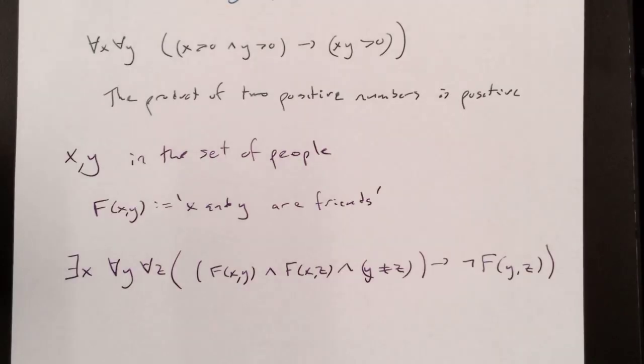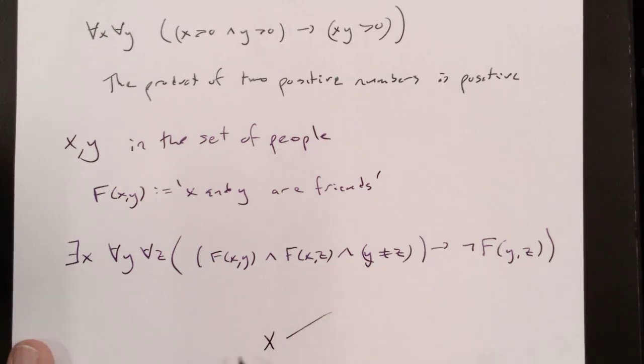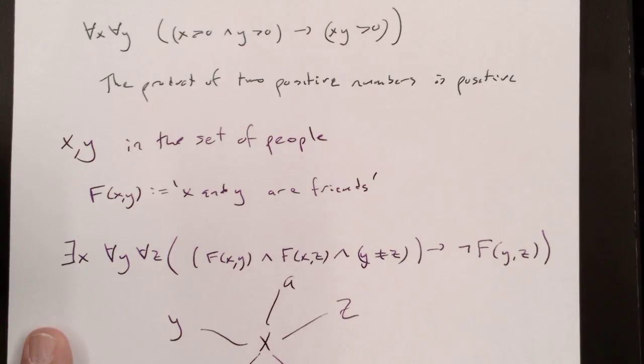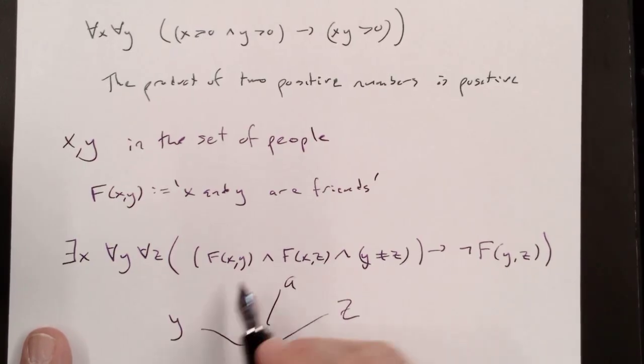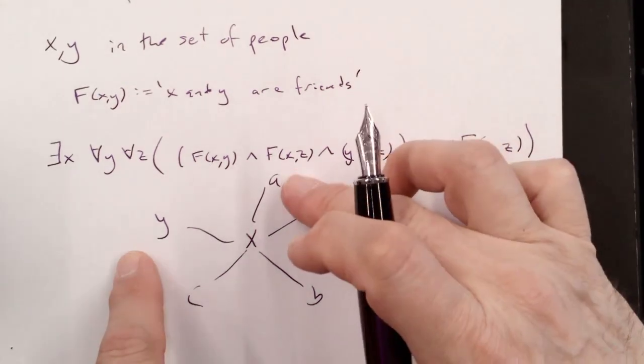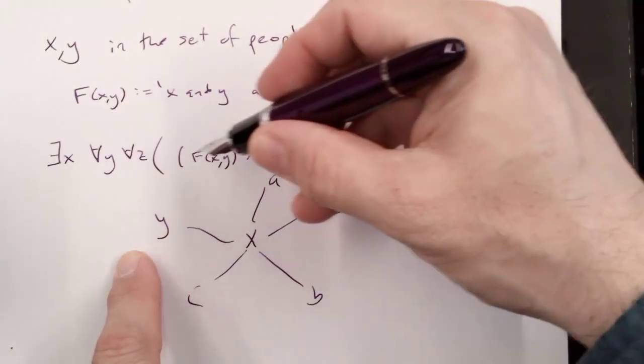This is a person whose social circle looks like no connection to anybody else. None of these people are friends with each other. They're all friends with X, but they don't like each other. If you pick any two of them, that would be this part.